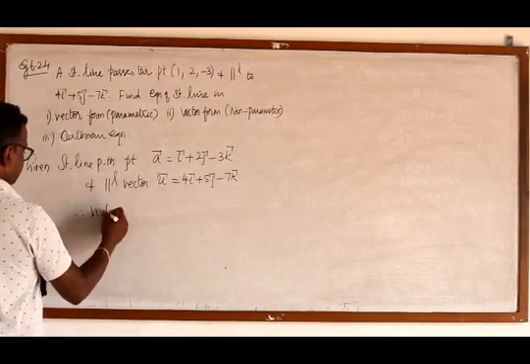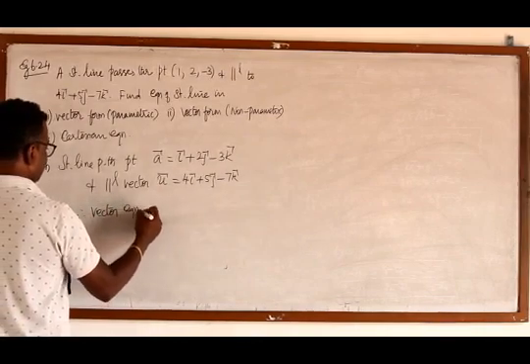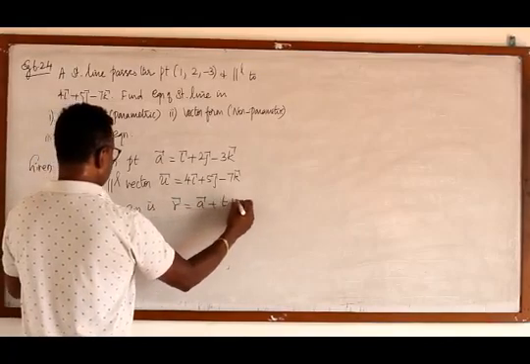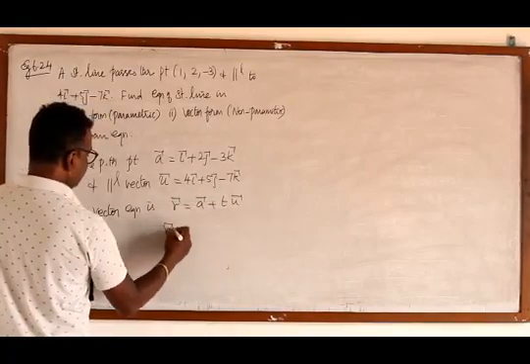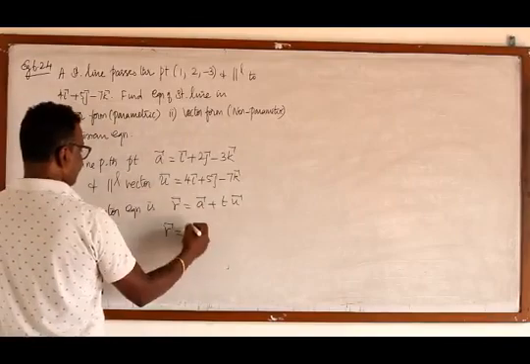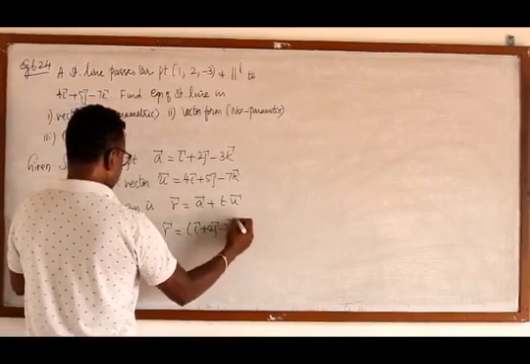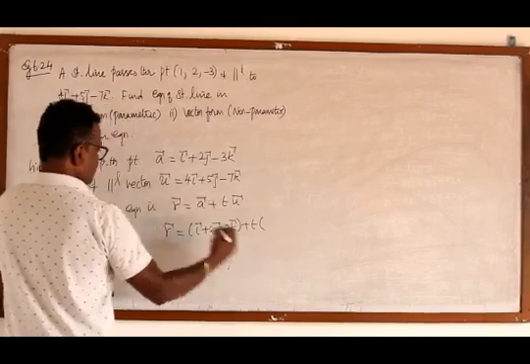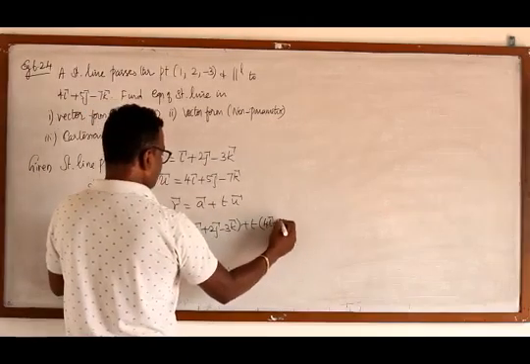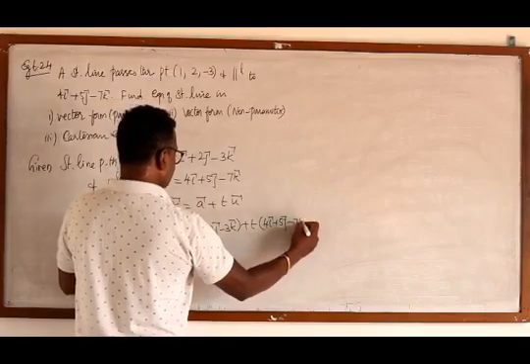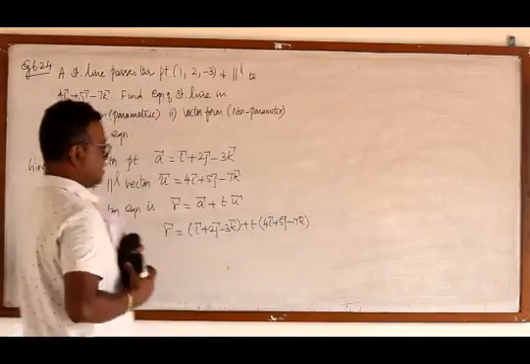Therefore the vector equation is r = a + tu, that is, r = (i + 2j - 3k) + t(4i + 5j - 7k). This is the vector equation.